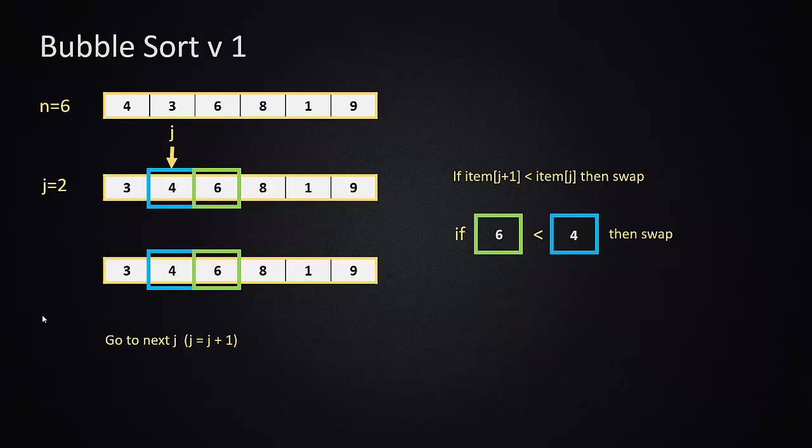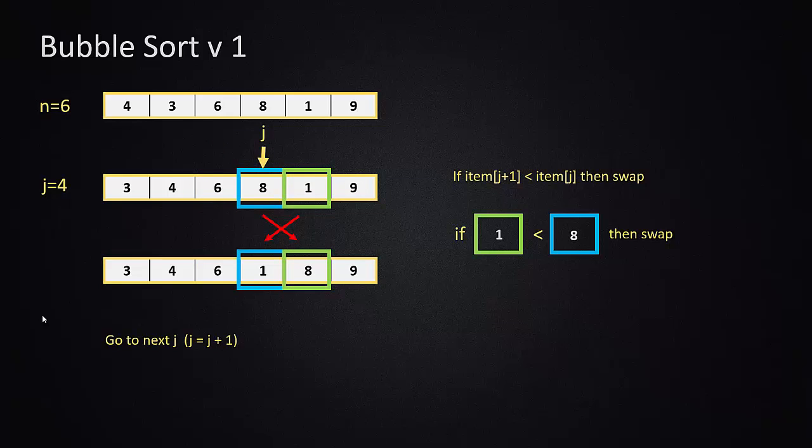So when j is equal to 2, I've copied the results from the previous row. 3 and 4 have switched places, and I've now moved over 1. I'm now looking at 6 and 4. If 6 is less than 4, then swap. It's not, so I don't swap. I go on. Is 8 less than 6? No, don't swap. Move on.